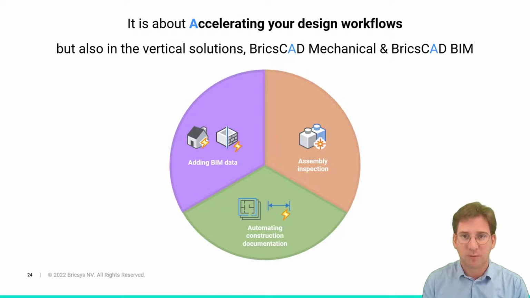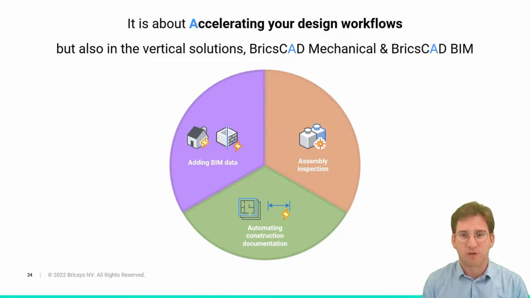We don't only do this in BricsCAD Lite and Pro, but we're also working actively on accelerating design workflows in our vertical solutions, BricsCAD Mechanical and BricsCAD BIM. As such, tools like BIMify and BIM Automatch have already proven their value by adding BIM metadata, such as classifications and compositions, fully automatically.